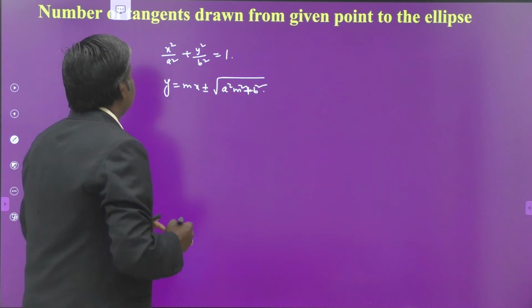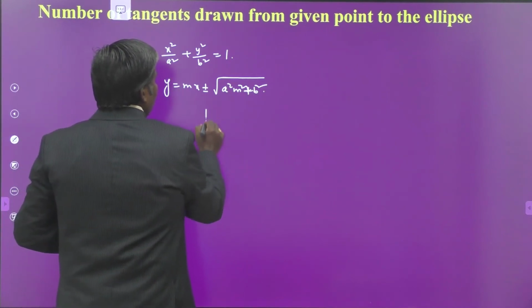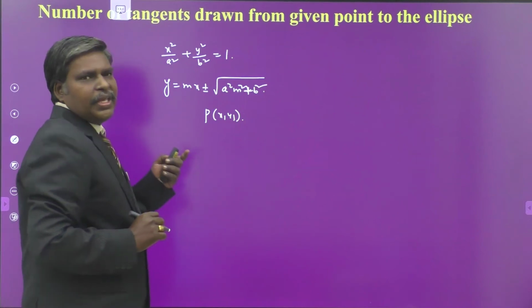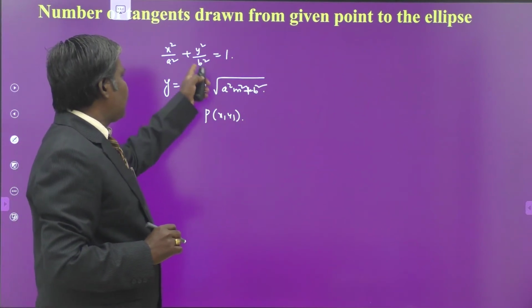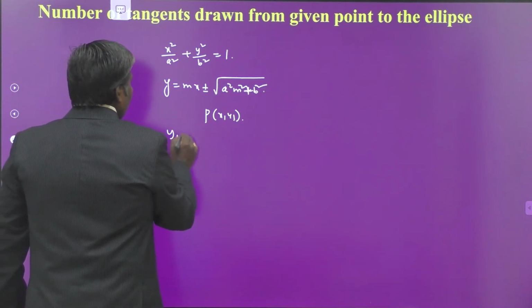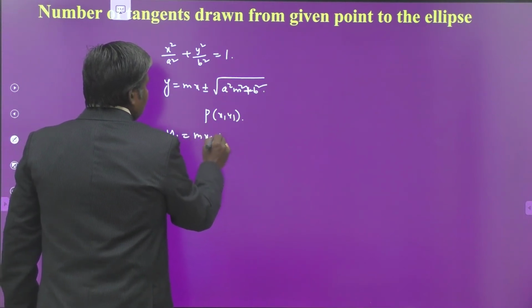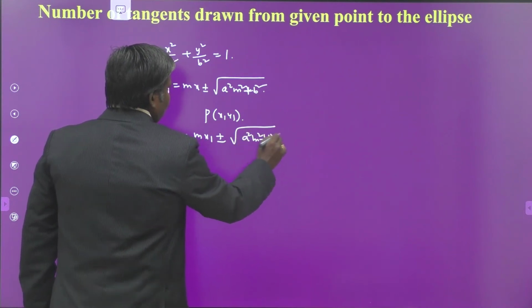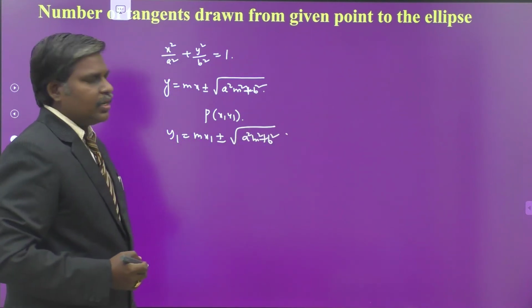If this tangent passes through our point P(x1, y1), which is a point in the plane of our ellipse, substitute the point here: y1 = mx1 ± √(a²m² + b²). Am I correct?